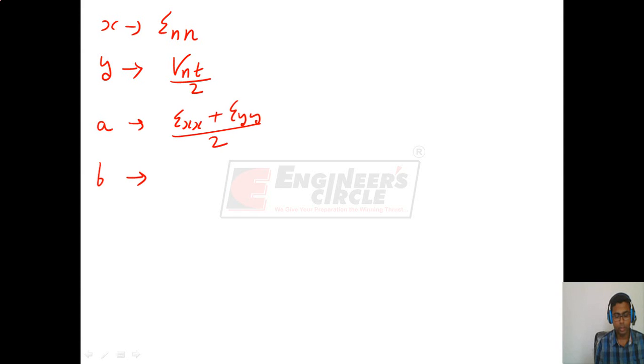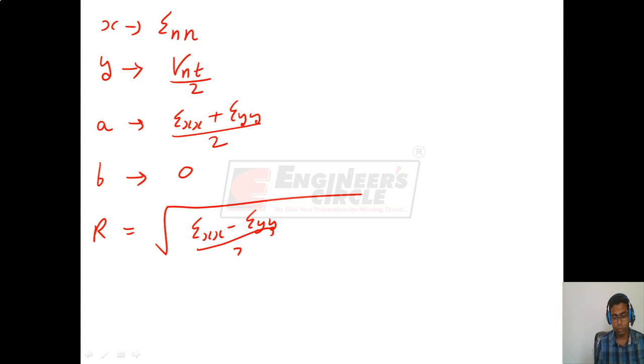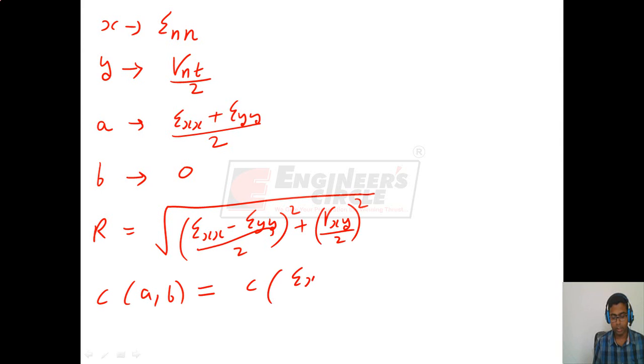Instead of b we have 0, and the radius of the Mohr circle is given by under root of ((epsilon xx minus epsilon yy)/2) whole square plus (gamma xy/2) whole square. The center of Mohr circle is given by (a, b) equal to ((epsilon xx plus epsilon yy)/2, 0). So the y coordinate of Mohr circle is 0.